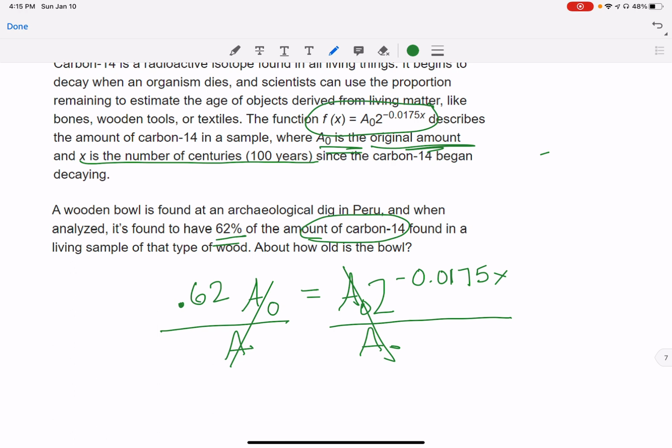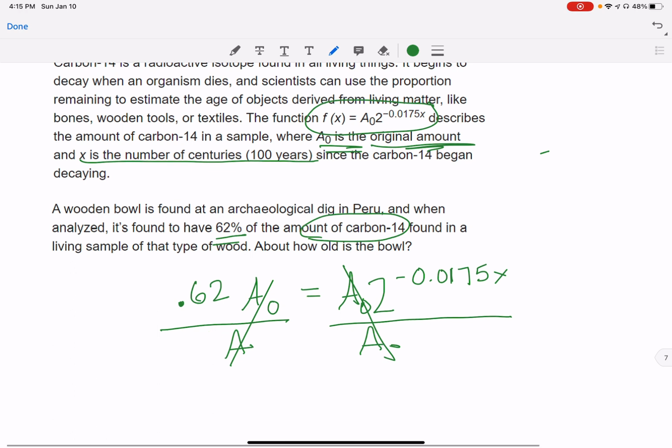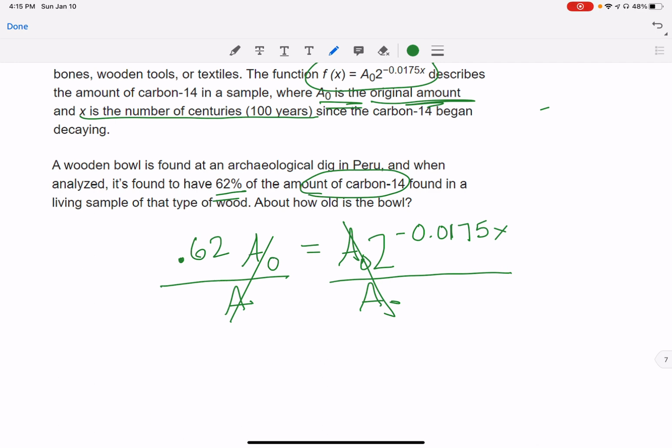We don't know the original amount, but we don't necessarily need it here. We're left with 0.62 equals 2 raised to the negative 0.0175x.